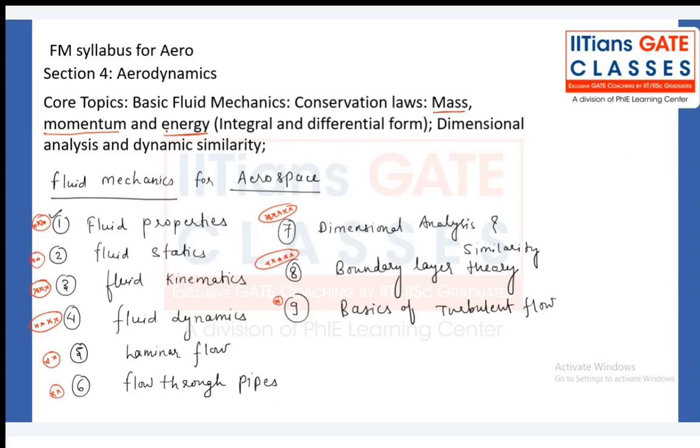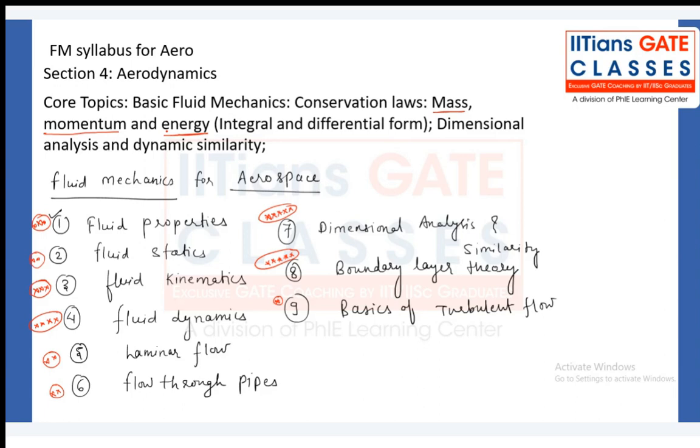Every year you have one question from this particular chapter, either 1 mark or 2 marks. Again, I have given 5 stars to chapter 7 also, that is dimensional analysis and similarity, one of the very important chapters. If you see the recent 5 or 6 years, every time we have one question of 2 marks from this chapter.